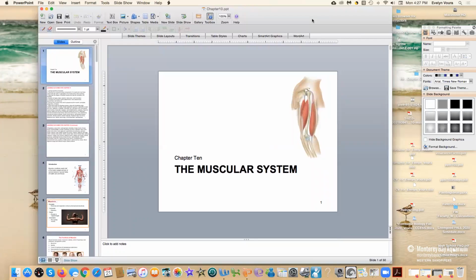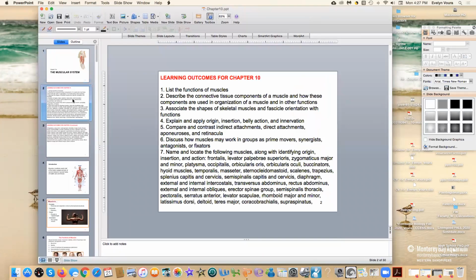Now, like I said, most of this is done in lab, and you're going to have 3 lab periods to learn these muscles. So I'm going to qualify that. If you look at here, let's get this slideshow going.